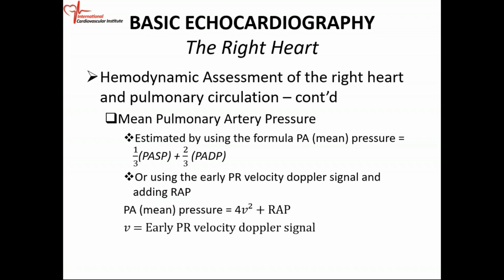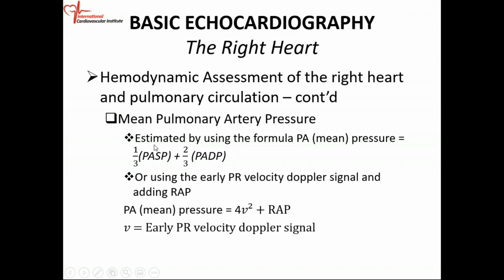Okay. There are other things we can measure. We can measure mean pulmonary artery pressure. As a matter of fact, it's more accurate if you want to determine if the patient has pulmonary hypertension. Mean pulmonary artery pressure is more accurate than using the systolic pressure. So knowing how to get your mean pulmonary artery pressure is very important.